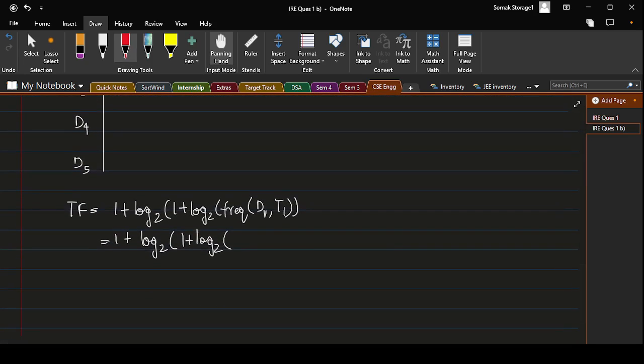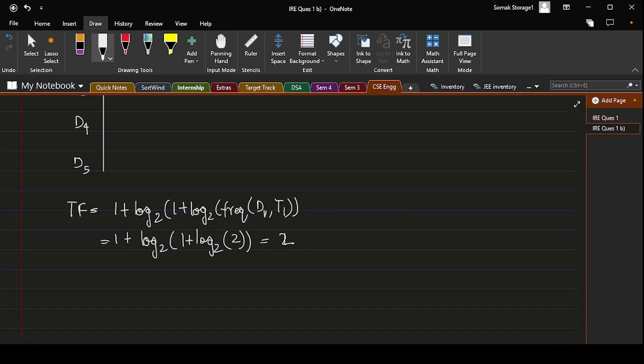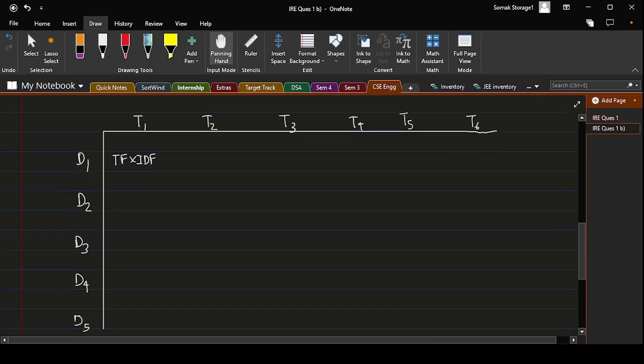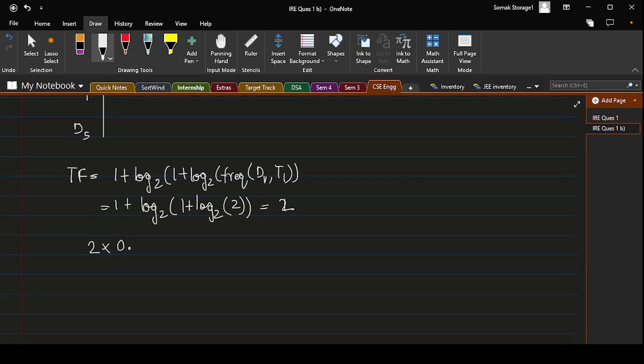So just put 2 here, and 1 plus 1, that's 2, so it comes out to be 2 finally, right? So we'll just multiply this, so 2 into the value which we got earlier, so it was 0.5849, so if we just calculate it, it's 1.1698.